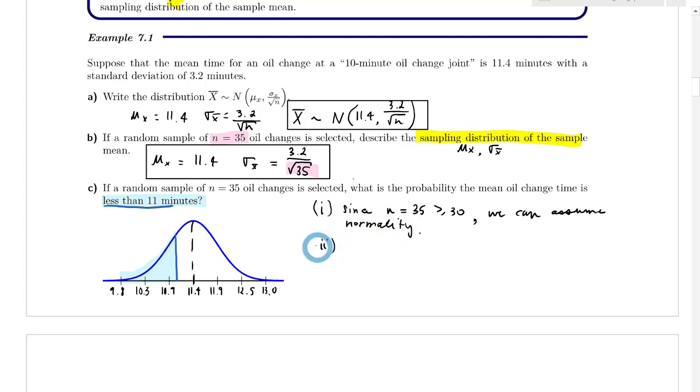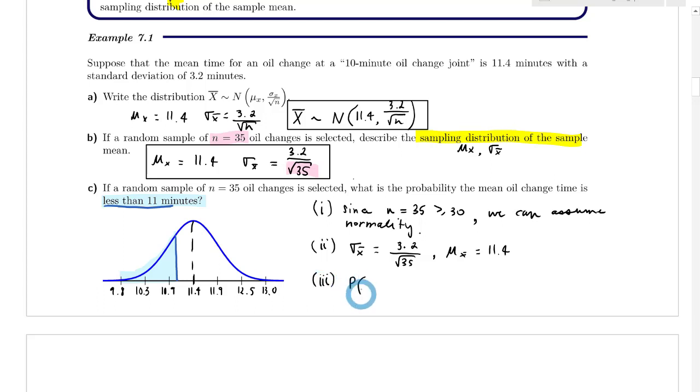The second piece we need to note is that our standard deviation with respect to the random variable is 3.2 divided by the square root of 35. The third piece is to answer the question, and we already know that mu sub x bar is 11.4. So we have all the pieces we need now.